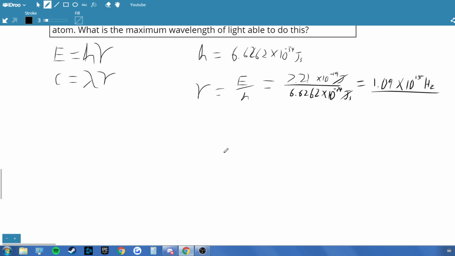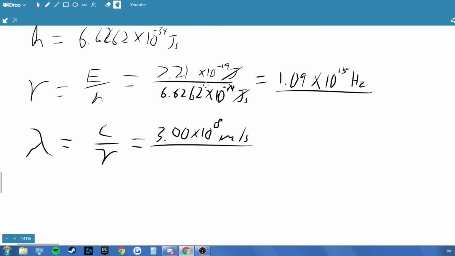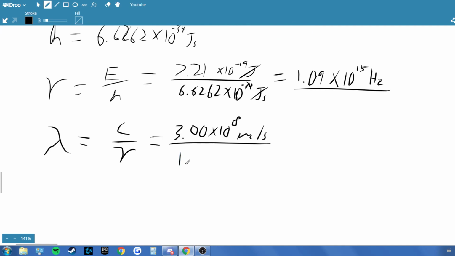But we're looking for a wavelength, so lambda equals c divided by nu equals 3.00 times 10 exponent 8 meters per second divided by 1.09 times 10 exponent 15 seconds negative 1.